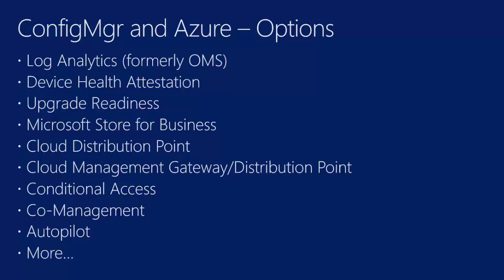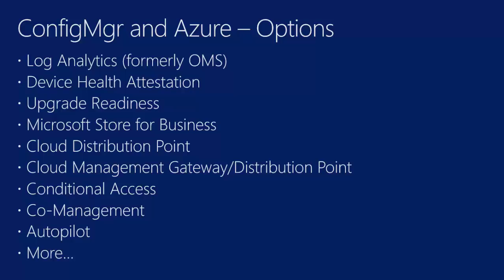We can integrate with that. We can help you be able to deploy those different things. The cloud distribution point, where we can put content out in Azure that devices that are remote to your organization can reach out to, can get it, right? That paired with the Cloud Management Gateway, right? Can really shine in terms of letting you manage your remote systems.